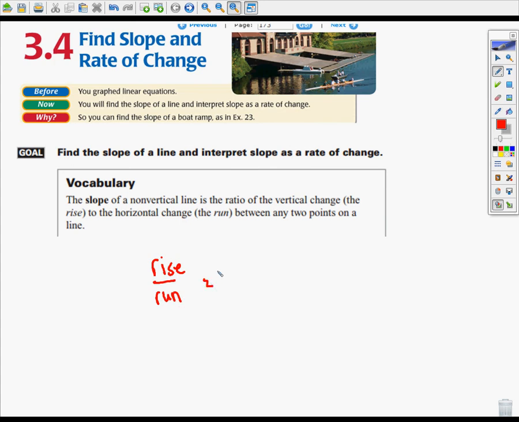A lot of times I will write that we're looking for the change in y over the change in x, because y controls the rise and x controls the run. This is the Greek letter delta, and it means the change in. Technically, our formula is y2 minus y1 divided by x2 minus x1. This is how we find the change.